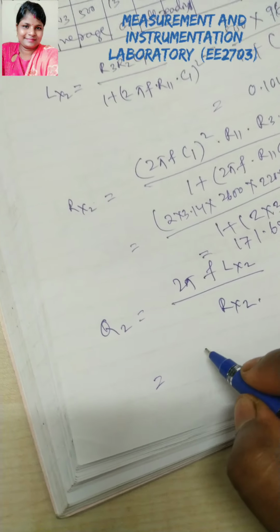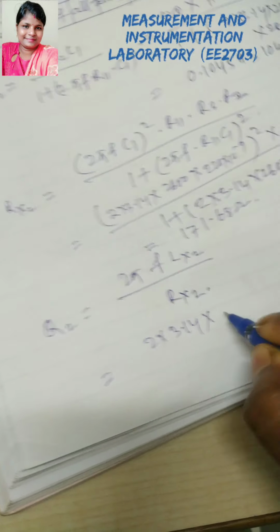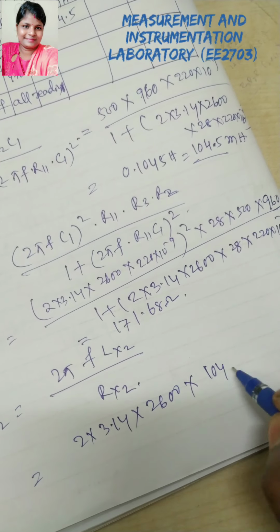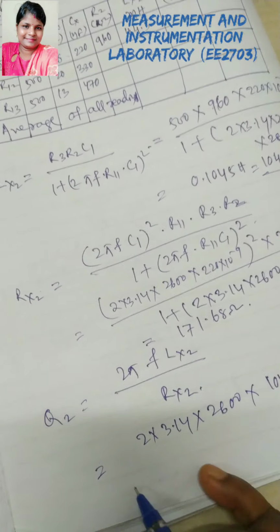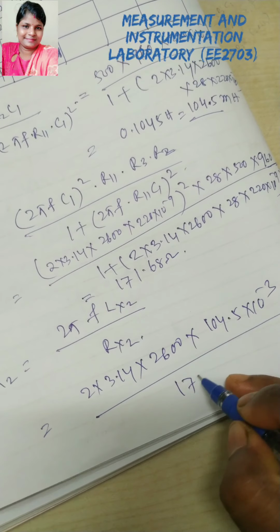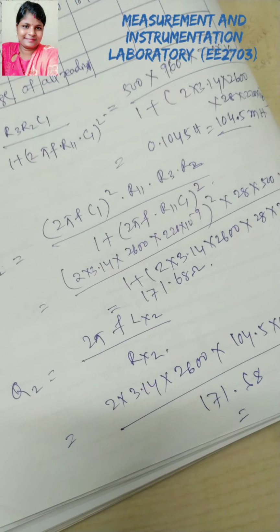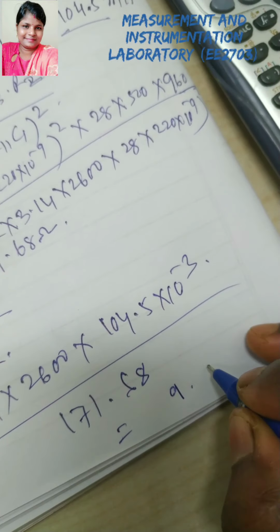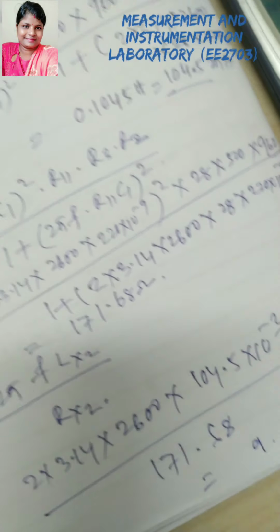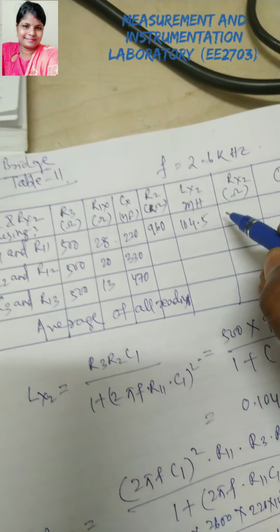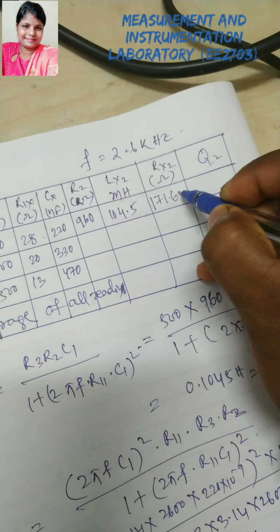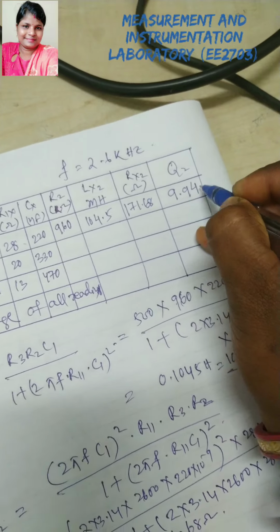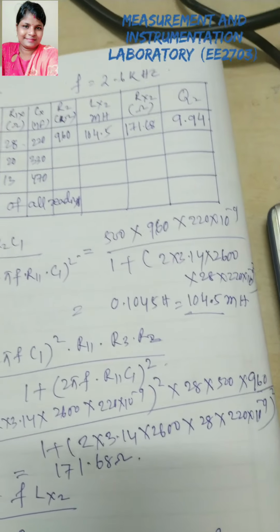So calculate the value of Q2: 2 into 3.14 into 2600 into Lx2, which is 104.5 into 10 to the power minus 3, divided by Rx2 171.68, so the answer is 9.94. So here Rx2 is 171.68 ohm and Q2 is 9.94.